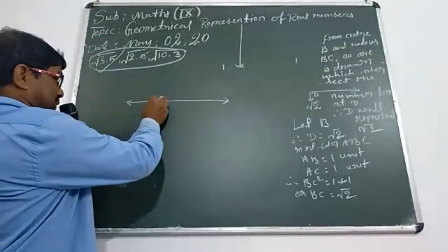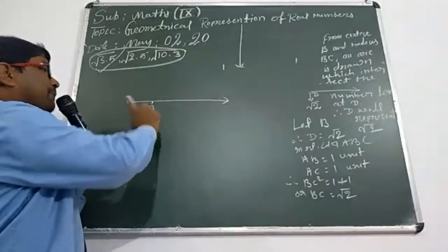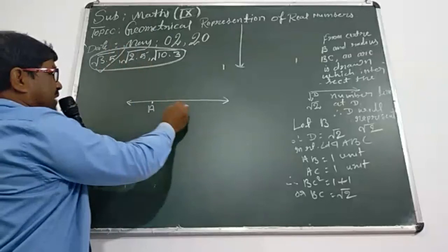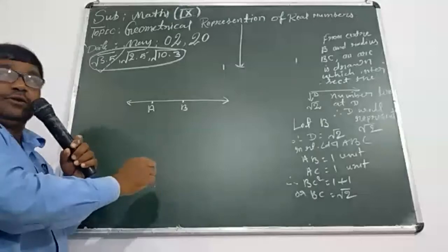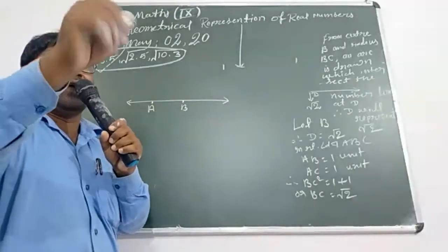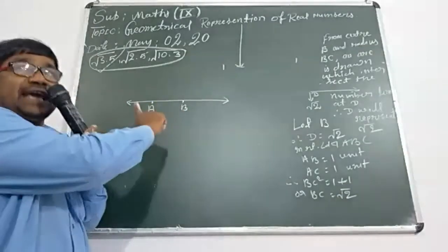From here student, we will measure 3.5 cm. Suppose that from A to B the distance is 3.5 cm. Cut 3.5 cm from A.